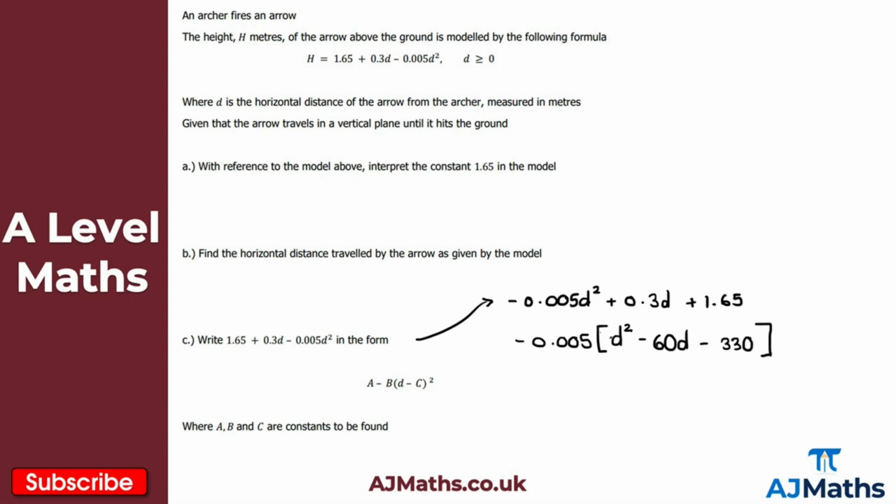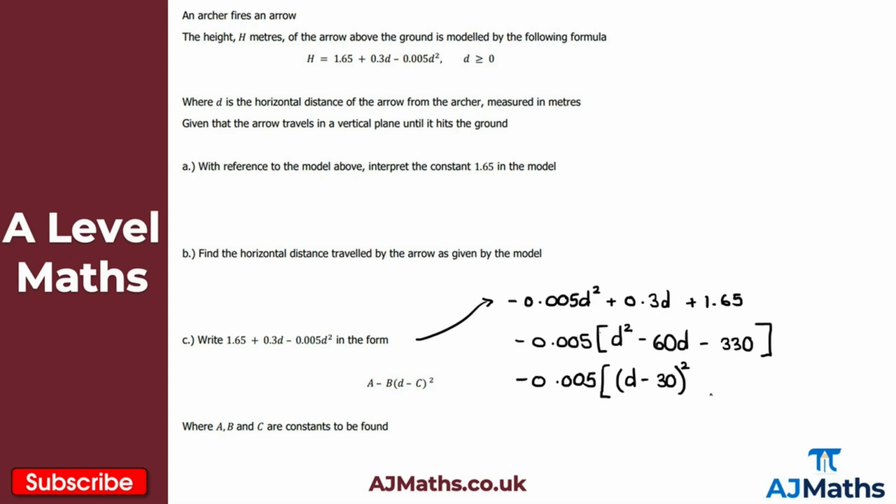Now, because our coefficient of d squared is 1 in this case, we can now complete the square on this quadratic. So keep the minus 0.005 on the outside for now. We'll multiply through at the very end. So completing the square here, we're going to get d minus, divide the coefficient of d by 2, so that'll be d minus 30. We square this bracket, and now we subtract this value squared. So what's minus 30 squared?